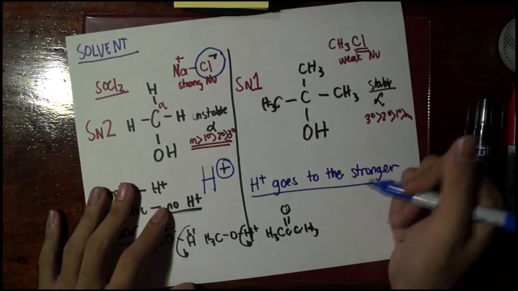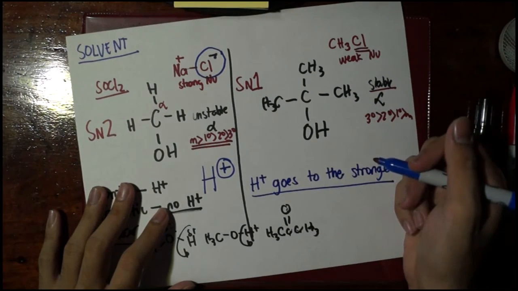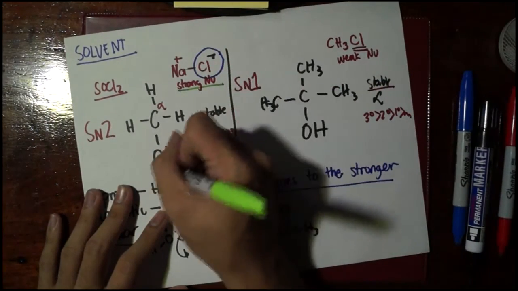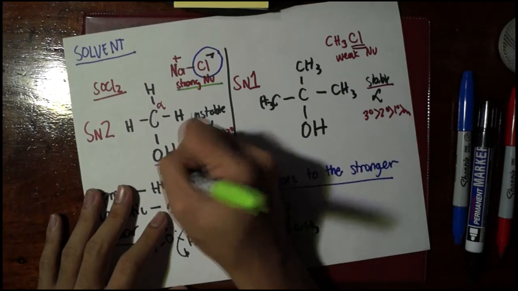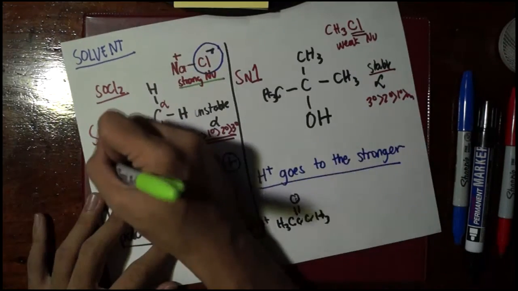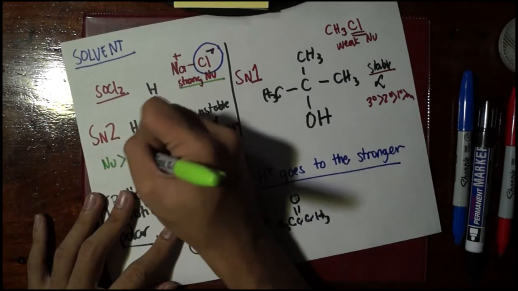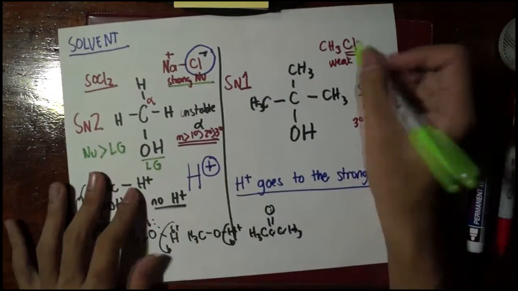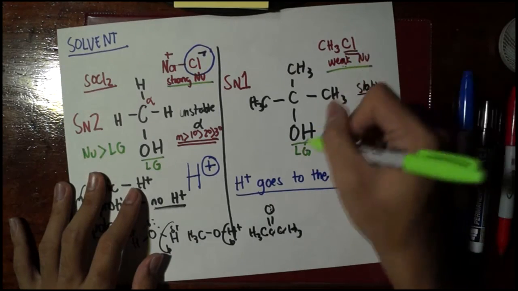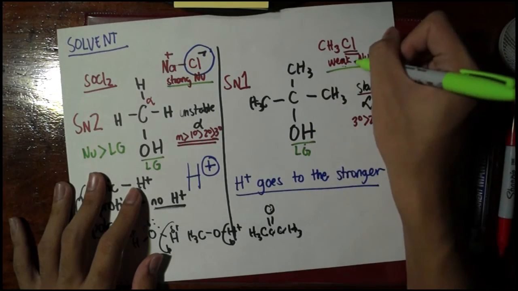How do I say that? Here we have a strong nucleophile. Then this one is, let's say, an okay leaving group, but not really a strong one. We say that, for example, here the nucleophile is stronger than the leaving group. Here we have a weak nucleophile. This is a normal leaving group, but since this is weak, we assume that compared to the leaving group, this is weaker.